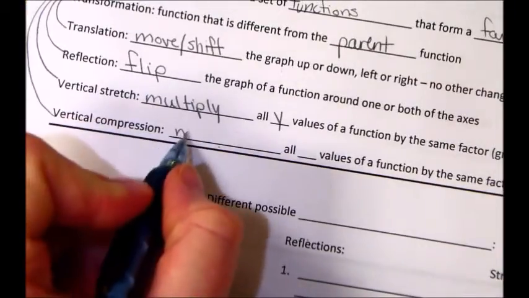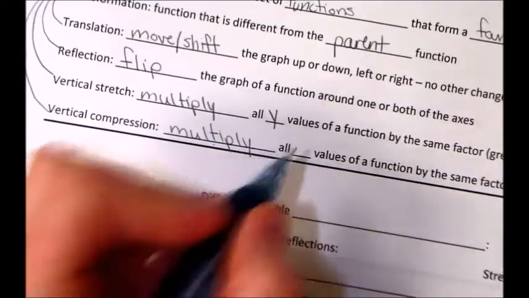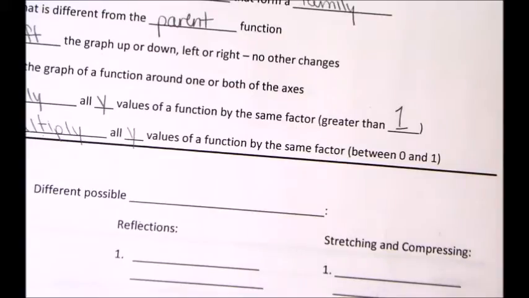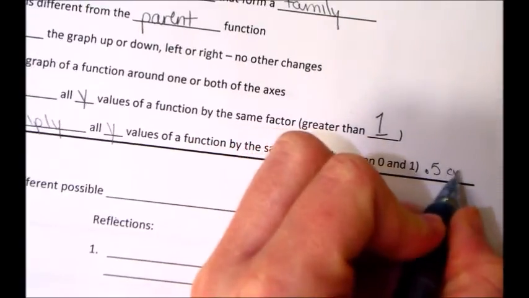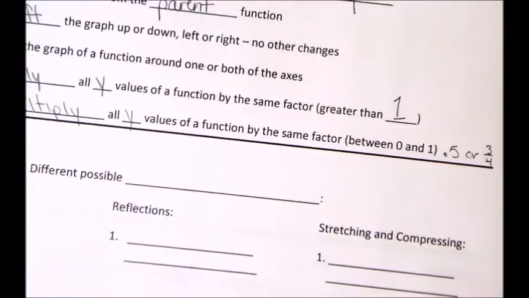It's going to do the same thing. It's going to multiply all the y values, so all the vertical values, by the same factor. But this time, it's going to be between 0 and 1, for example, 0.5 or 3/4. You'll see that out in front.